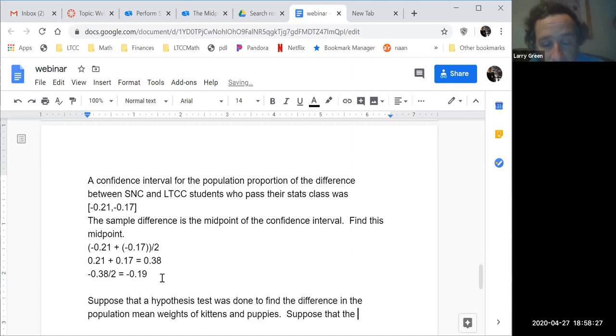Suppose that the mean difference was -8 ounces. I'm sorry, -8 ounces. And the hypothesized mean difference is what I meant.